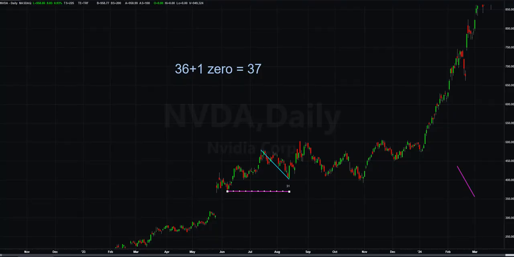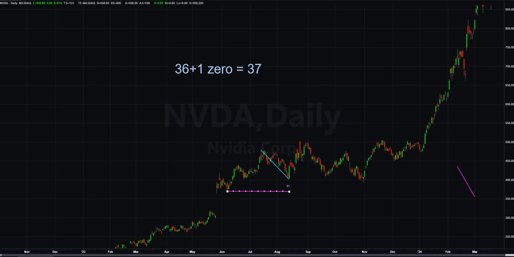Now we're looking at a price chart of NVIDIA daily bar chart. We're going to use the principle of the 36 numbers on roulette plus the 0 gives us a total of 37 possible outcomes on the spin. So what we're going to do here is measure some swing lengths.